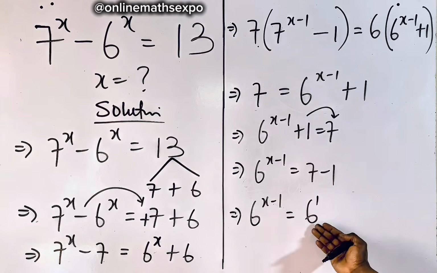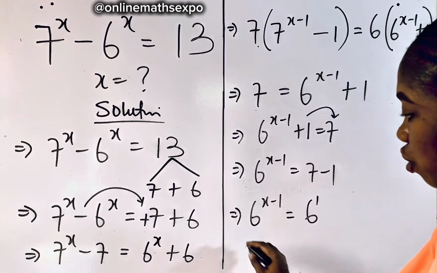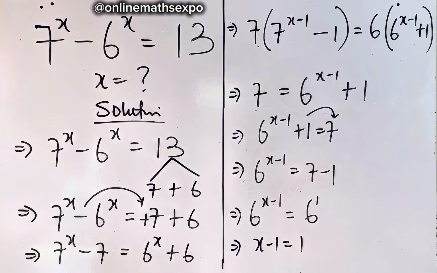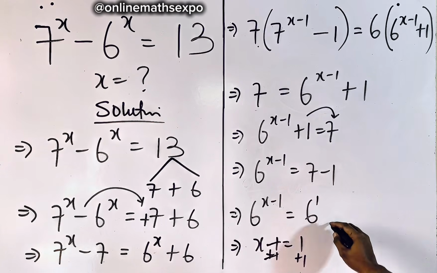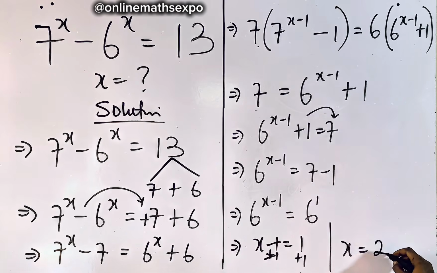And because the bases are the same, automatically the powers should be equal. So it means that x minus 1 should be equal to 1. To remove this, you add 1 to both sides. So this takes off, and we are going to have x is equal to 1 add 1 gives us 2. So we have x as 2.